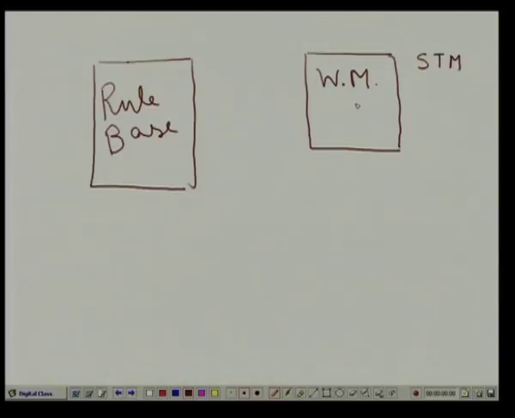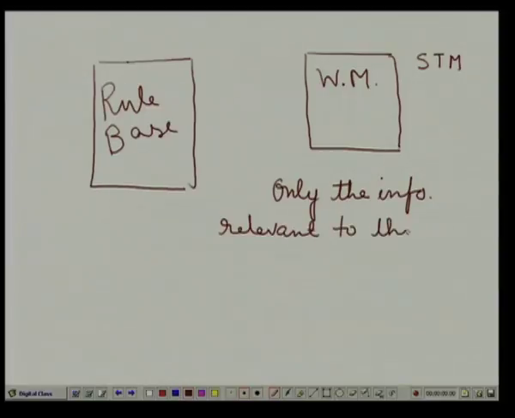And so, in this working memory only the information relevant to the particular problem is stored.